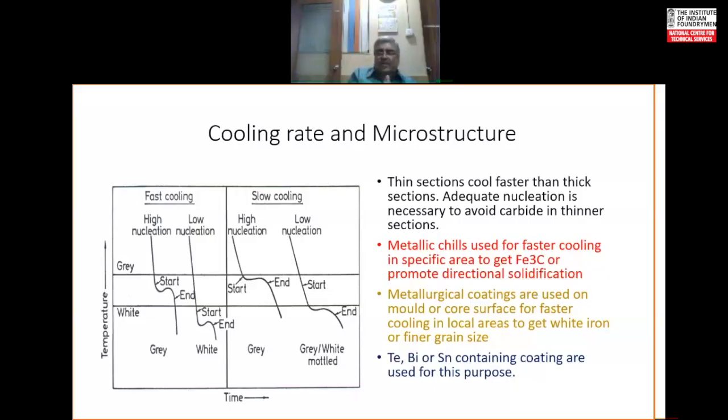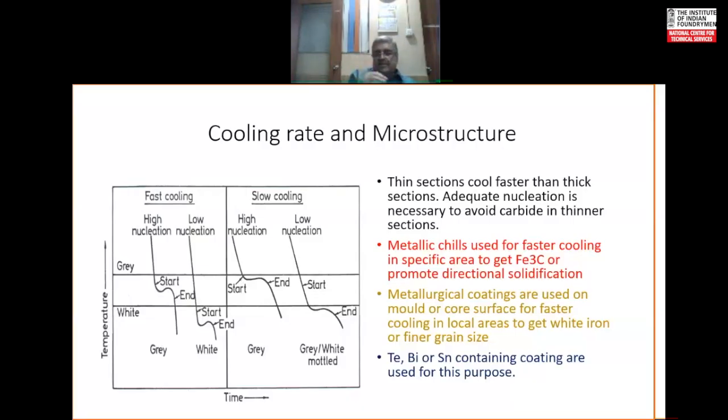Bismuth gives you a densening effect, and sometimes tin will be used in some exceptional cases. I have known of a few cases where tin coatings have been used, where there is a long cooling time resulting in a coarser sort of grain structure. So instead of getting A6 type of graphite, you are perhaps getting a coarser type of graphite.